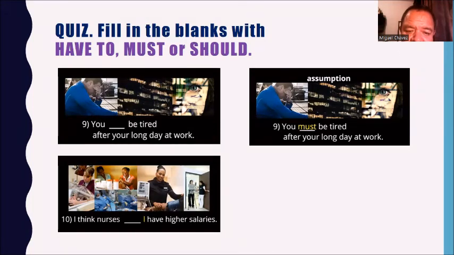Number 10, this is the last one. Please, a volunteer. I think nurses have higher salaries.